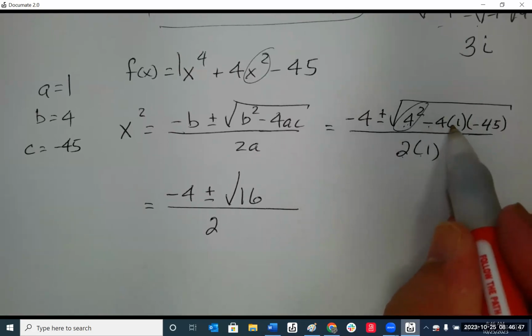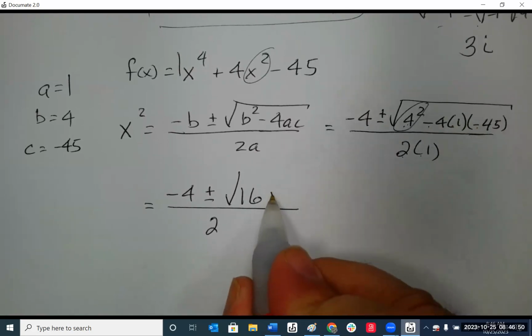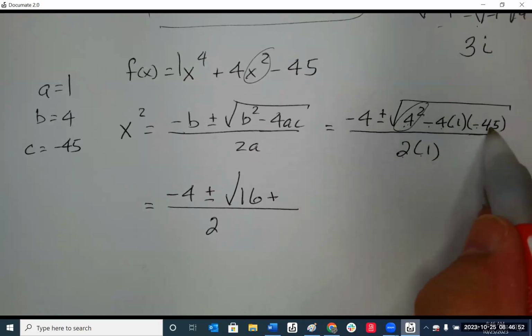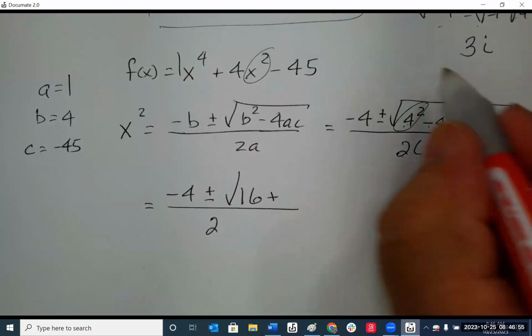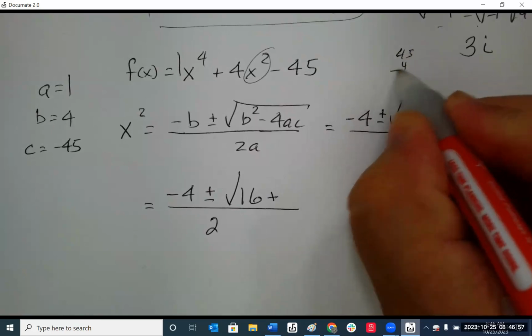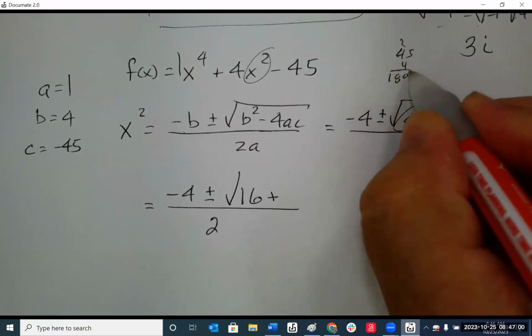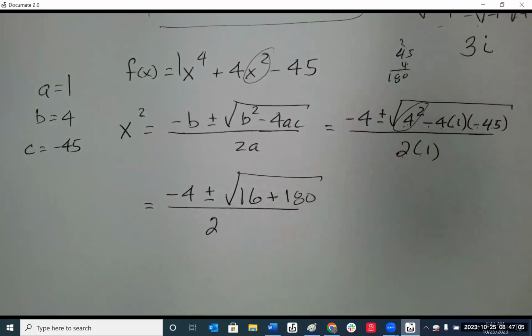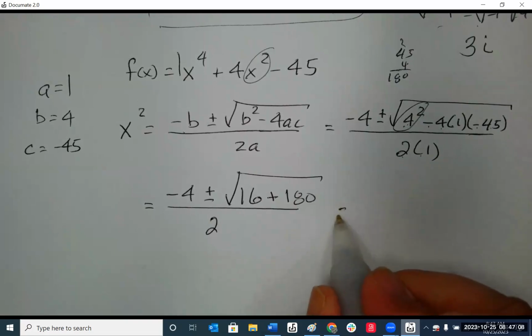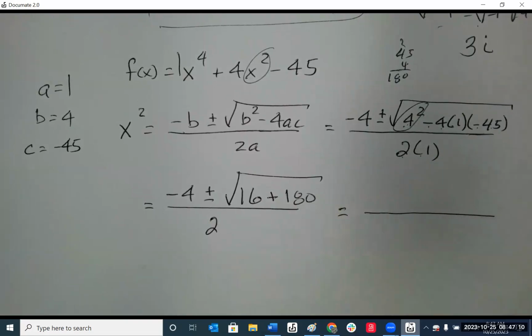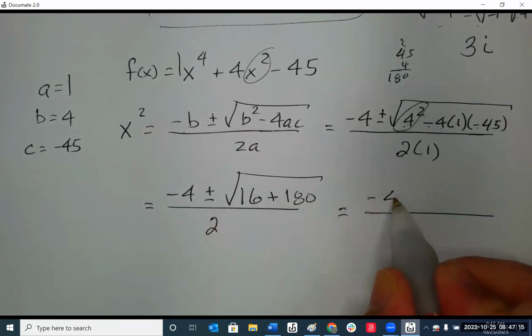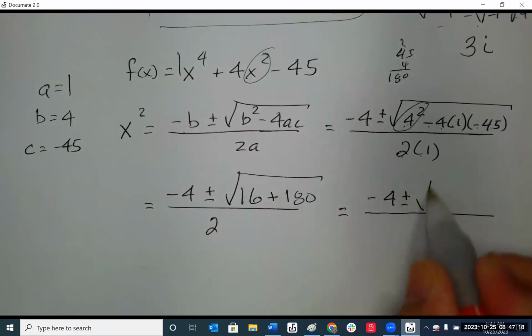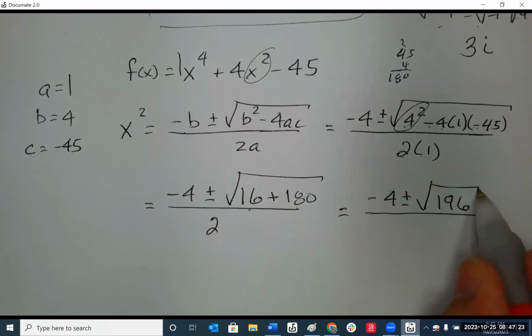Negative times positive is negative. Negative times negative is positive. 4 times 45. 16 plus 180 is 196. Again, you don't need calculators. You could do this in your head. So we have -4 plus or minus the square root of 196.